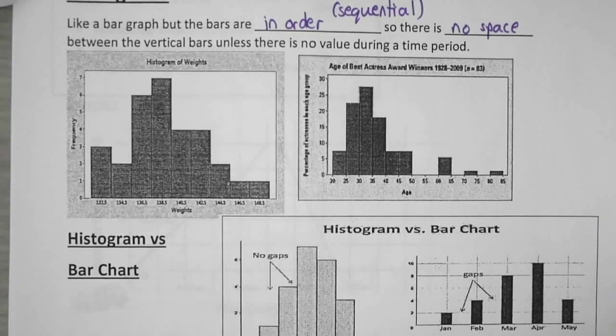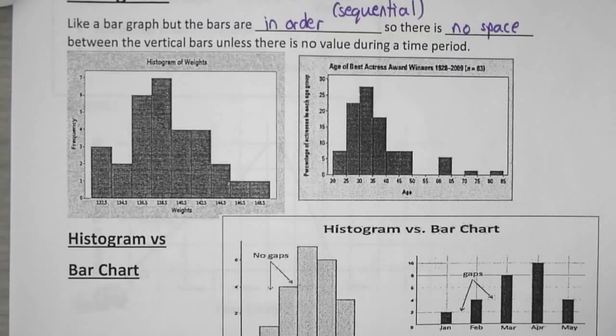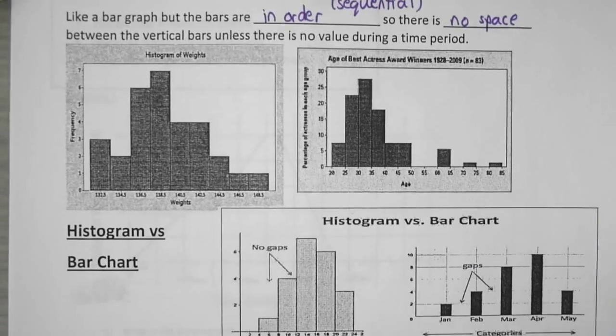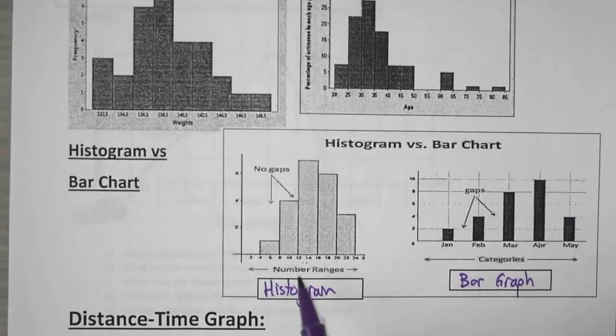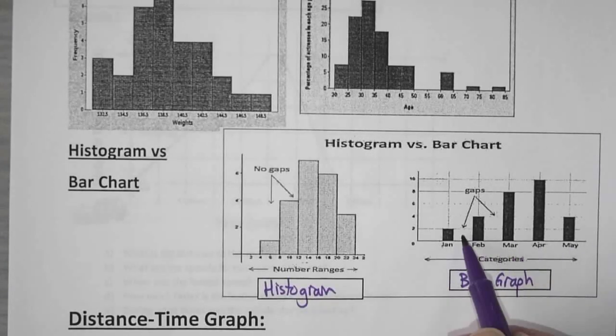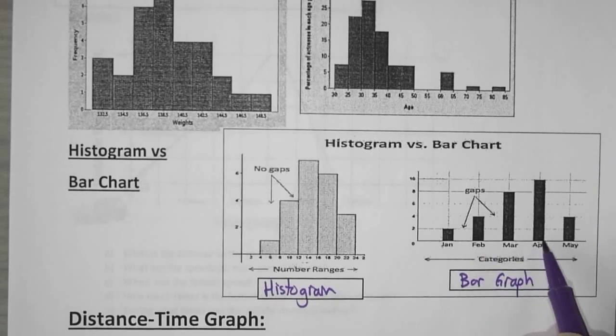So this one is called a histogram, and this is a bar graph. They're in order here, and this is a bar graph because there's spaces in between. They're still in order, January, February, March, April, May, but there's categories and spaces in between.